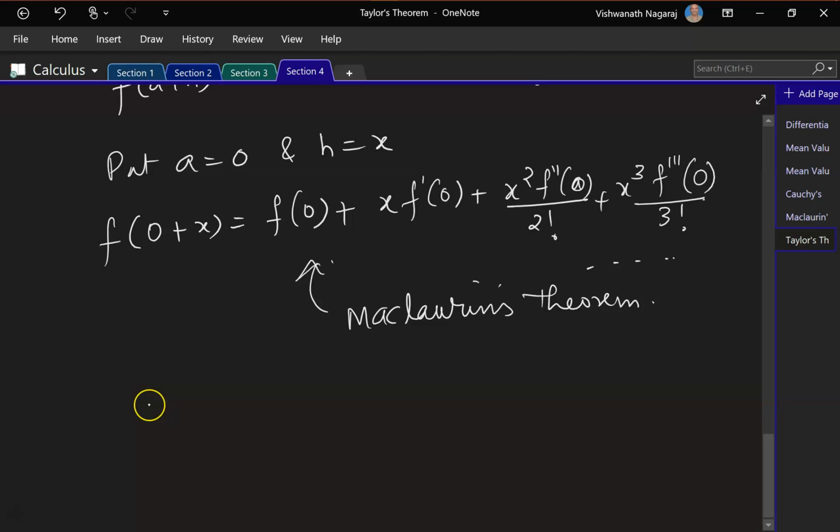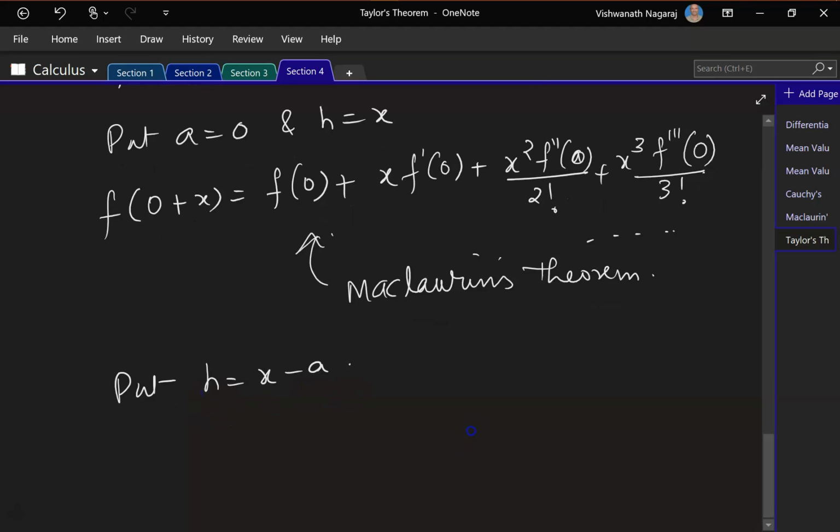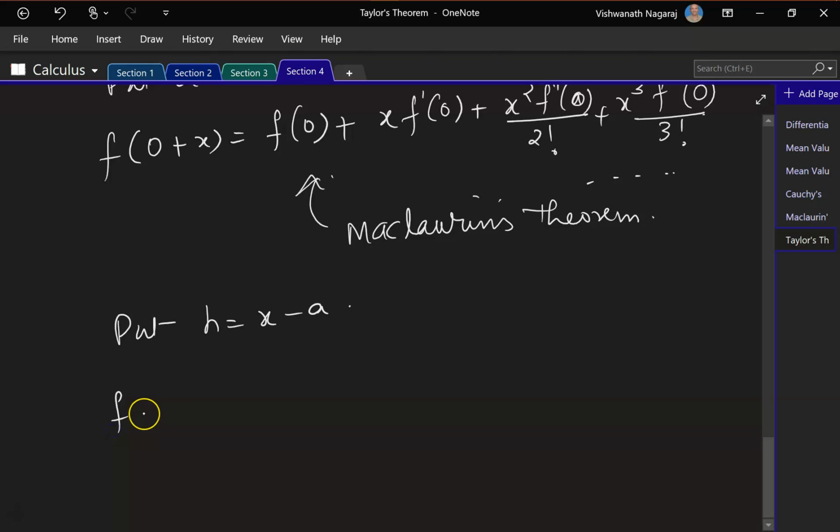Okay, now let's do another thing. Let's put h is equal to x minus a. So what happens? Remember, it is f of a plus h, a plus x minus a. So a gets cancelled, we are left with f of x.